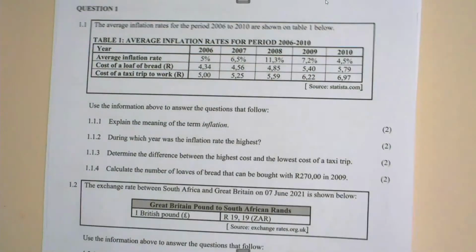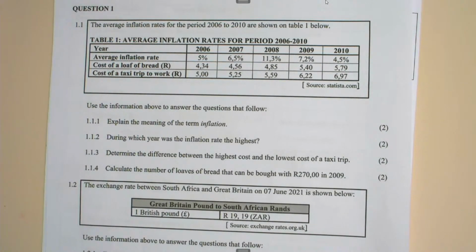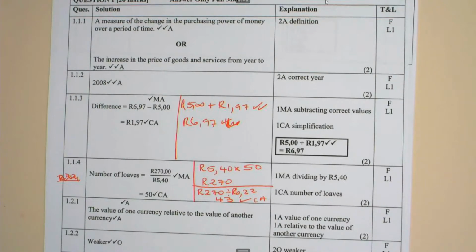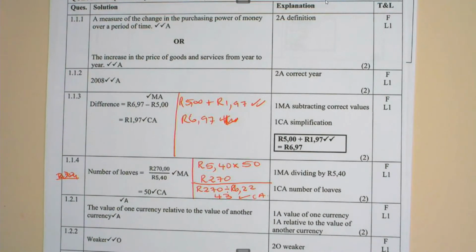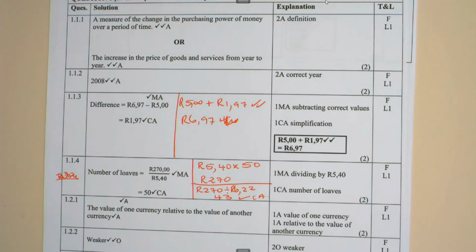1.1.3. It says determine the difference between the highest cost and the lowest cost of a taxi trip. Now, the answer to that will be R6.97 minus R5, and then you'll get R1.97. There's 1 mark for method with accuracy, subtracting correct values, and the CA mark for simplification.